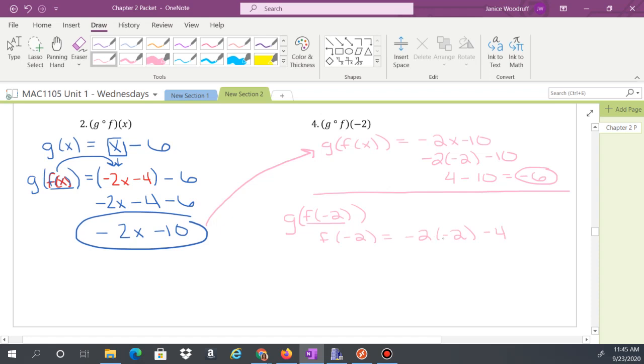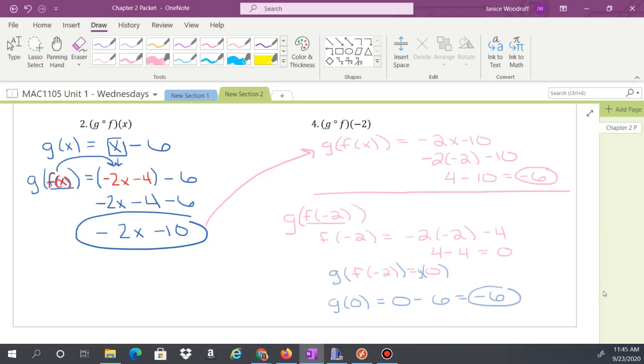That would be +4 minus 4, so that would give us 0. So we'd have f of -2 equals 0. And since we're doing g of f of -2, we're doing g of 0. So g of 0 would be 0 minus 6, which would again give us that -6 number.